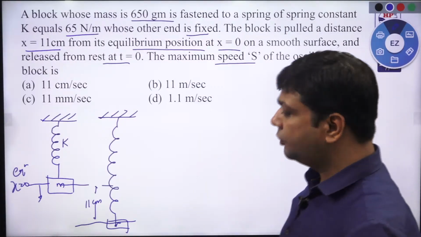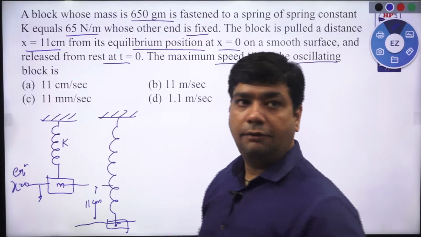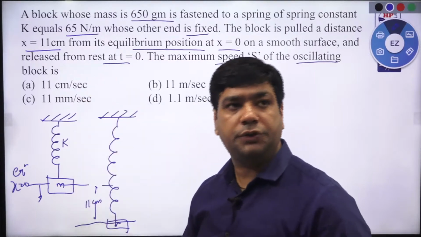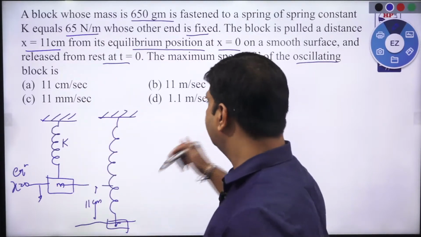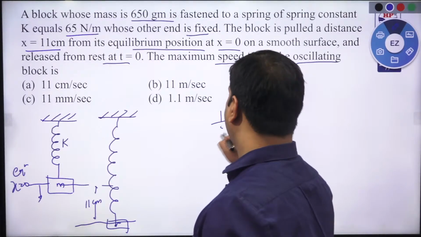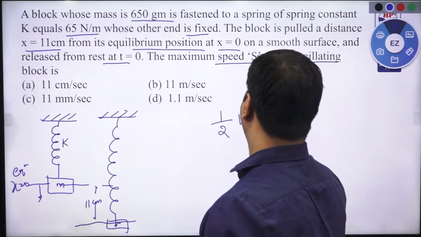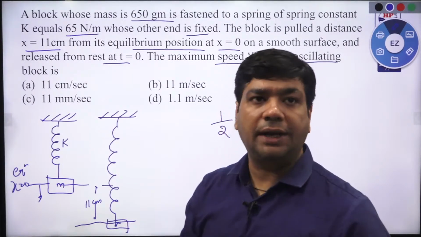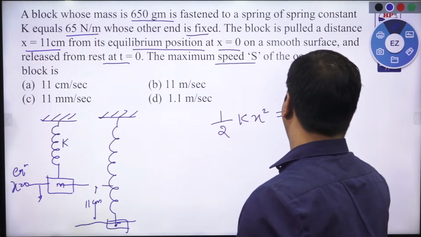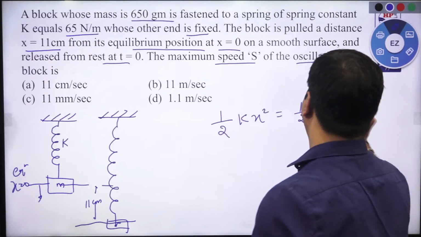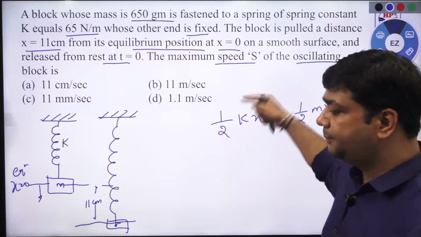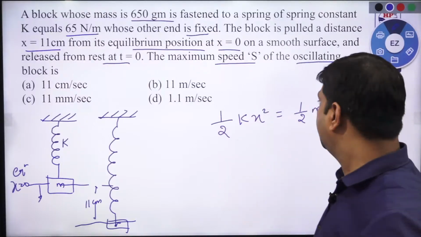Here we assume that energy remains constant. Whatever energy we put in is stored in the spring. So we can say that energy is constant. That is half of k x square, which will provide the speed, that is half of m v square. Whatever the spring potential energy equals half m v square.